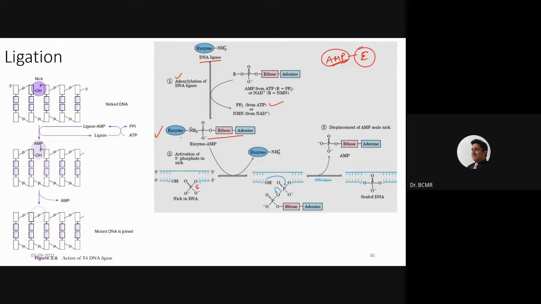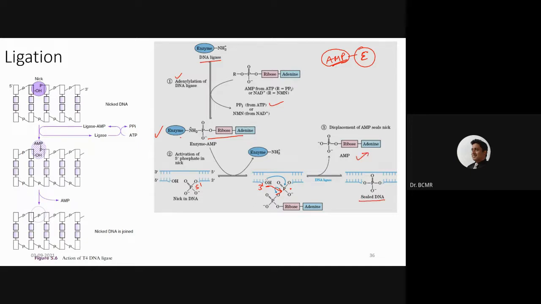This is the 5' phosphate of the DNA, and the enzyme donates that AMP to the phosphate group. The 3' OH that is present here then makes a nucleophilic attack on this phosphate and forms a phosphodiester bond, and that is how the gap is sealed and AMP is released.